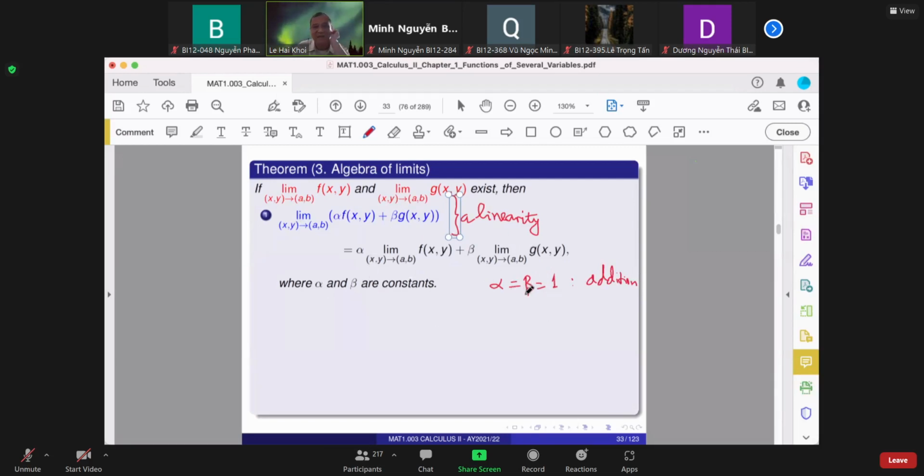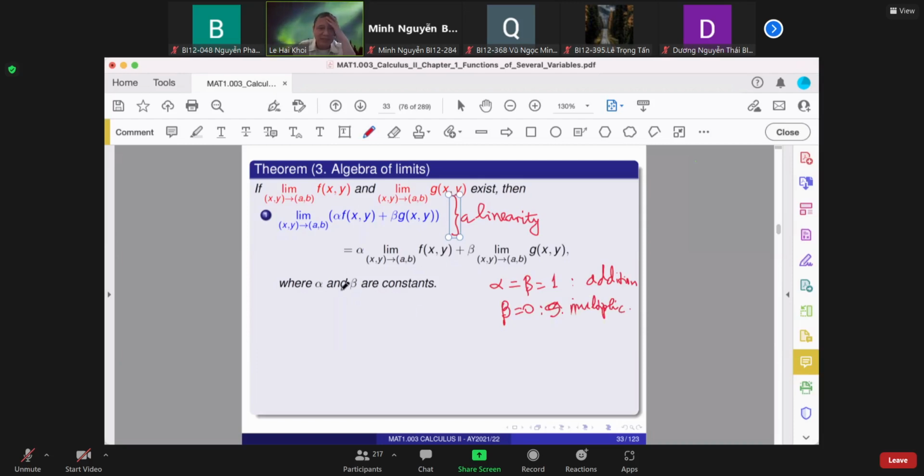But in the case beta equals 0, you have scalar multiplication, because in this case the limit of alpha f is alpha times the limit of f.